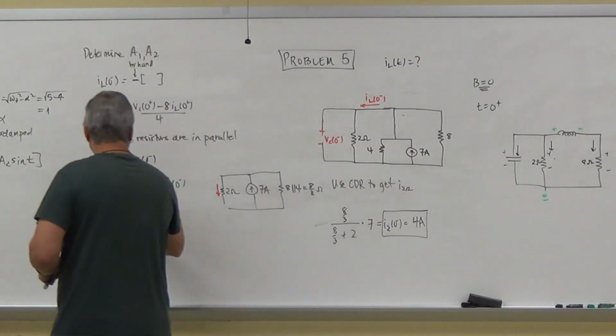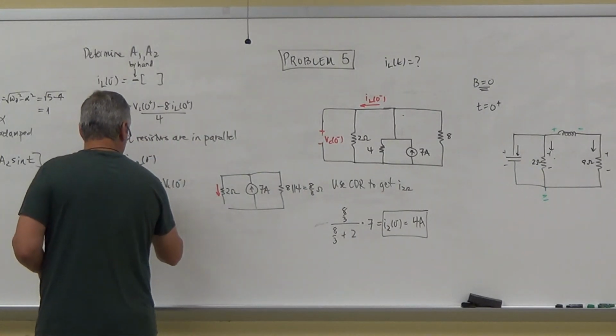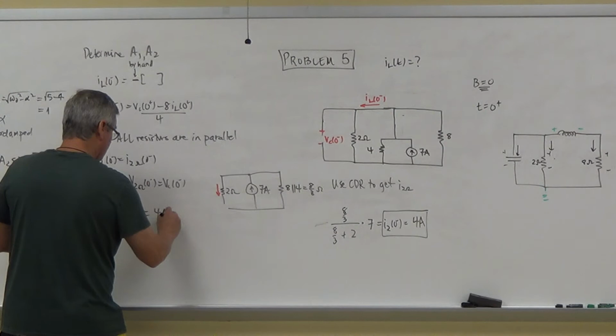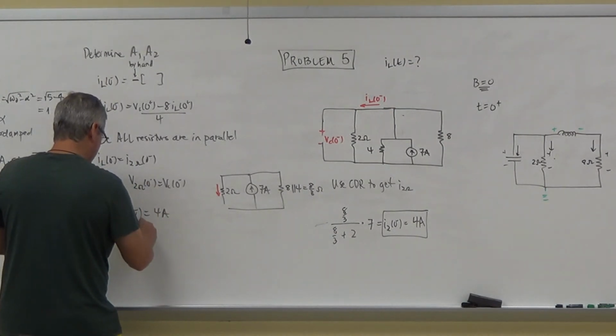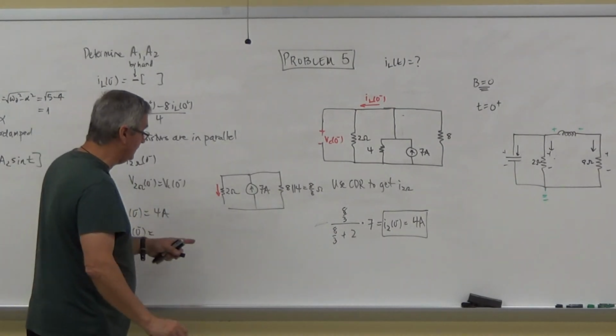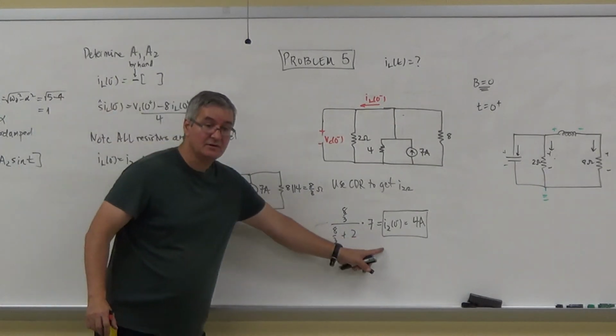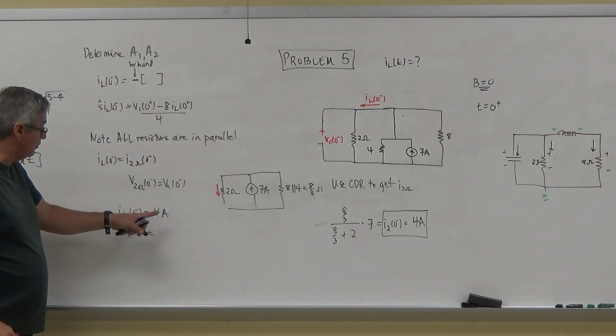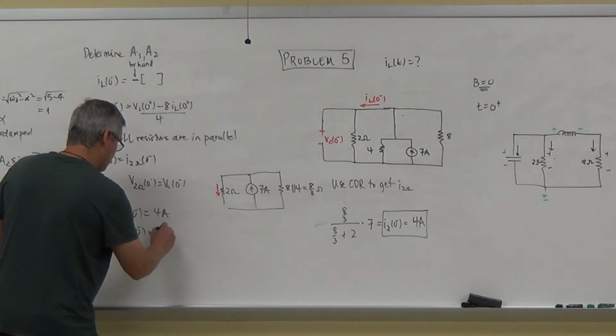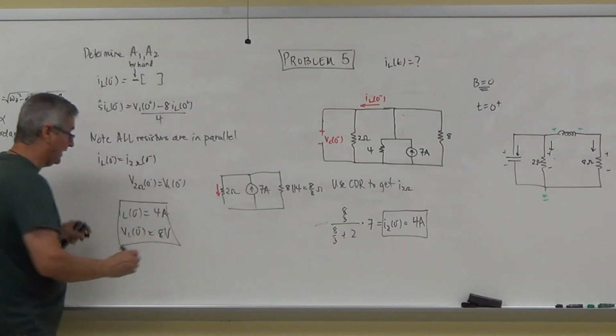So now I see that IL of 0 minus has to be 4 amps, and I see that VC of 0 minus has to be what? This current times the 2 ohm resistor, which will then give me 8 volts. So I have these guys.